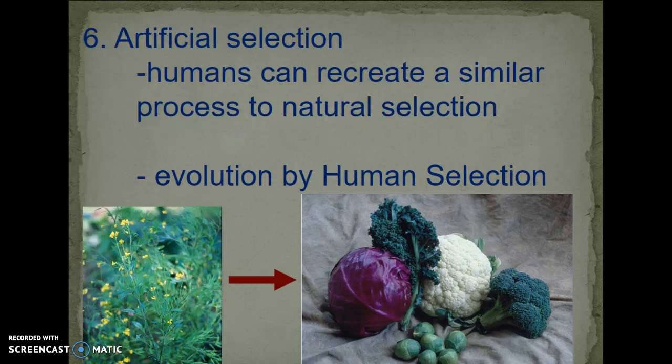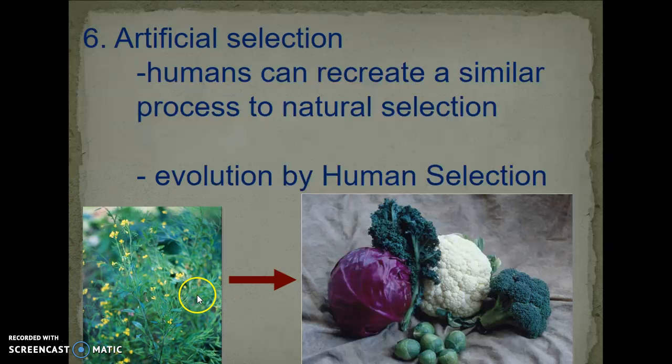The last piece of evidence to support Darwin's theory of evolution by natural selection is artificial selection, which means selective breeding. We are able to recreate Darwin's thought process artificially. We are able to selectively choose the best traits that we want to see in the next generation. We've been doing this for decades.